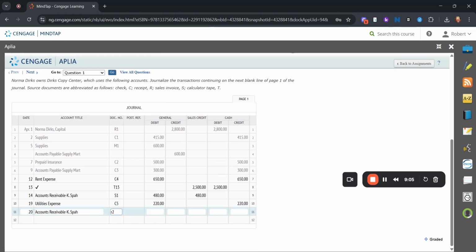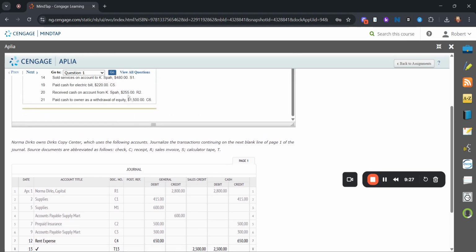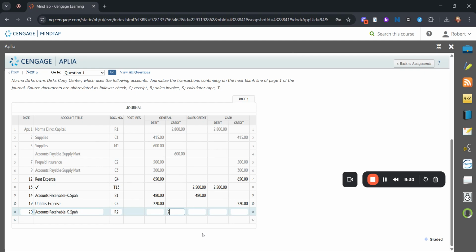So now K Spa has paid towards the bill that they owed. So the amount that they owe is going to decrease. That accounts receivable is an asset. So any decrease in an asset goes in the credit column. That was $255. Norma's business received the money. So cash is going to increase. So any increase in that asset goes on the debit side, $255.